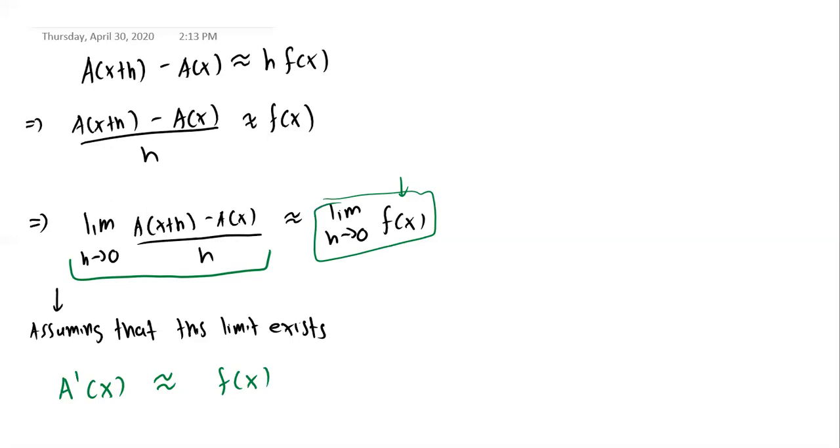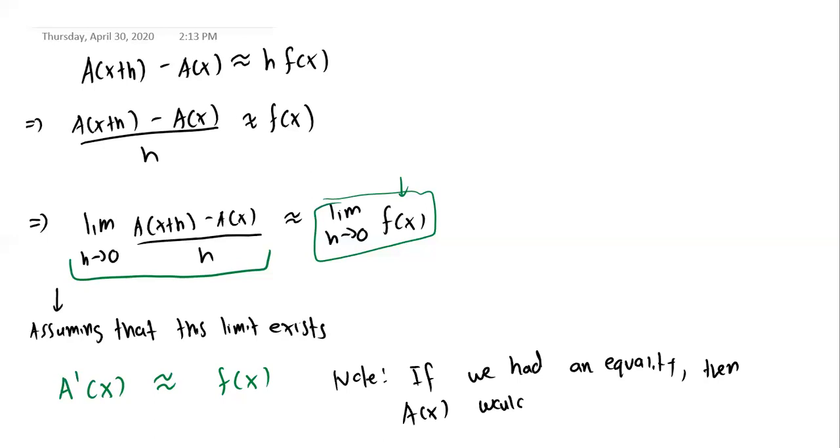Because if we had an equality, what would that mean? Then the area function would be an antiderivative for f, because remember, an antiderivative of a function f is a function whose derivative equals f. So if we had an equality instead of an approximation here, then a of x would be an antiderivative for f.